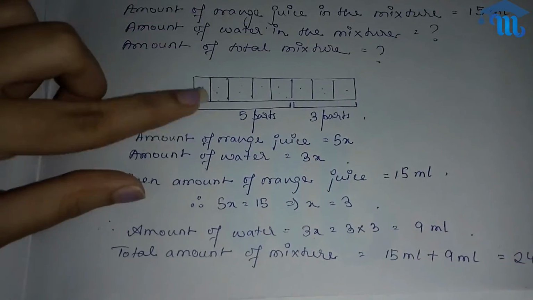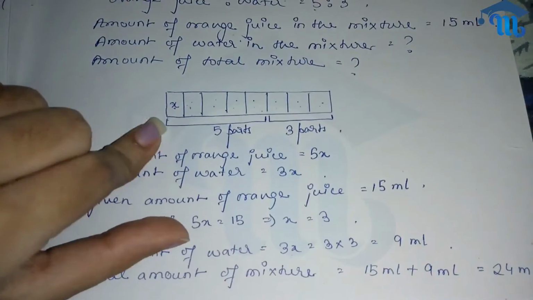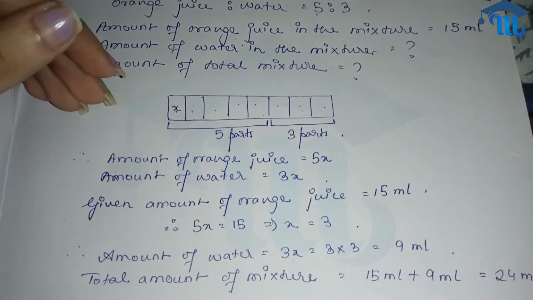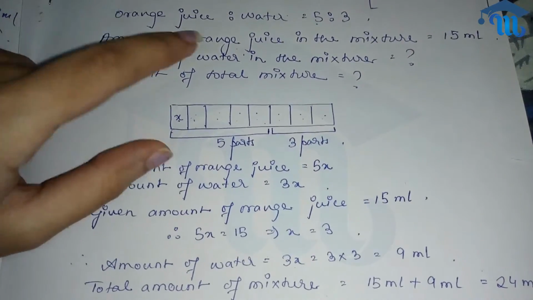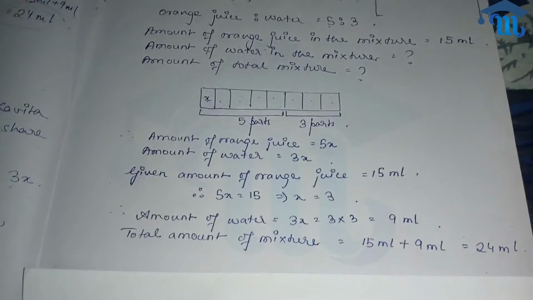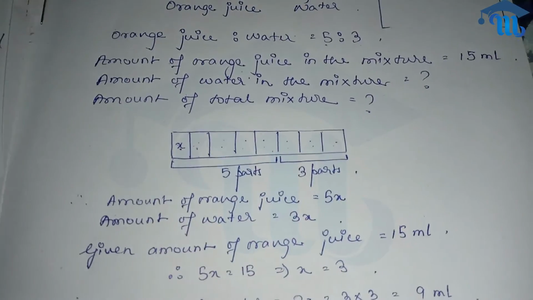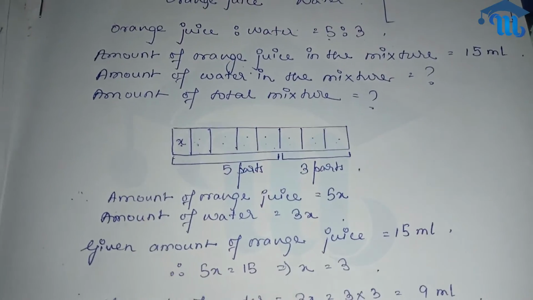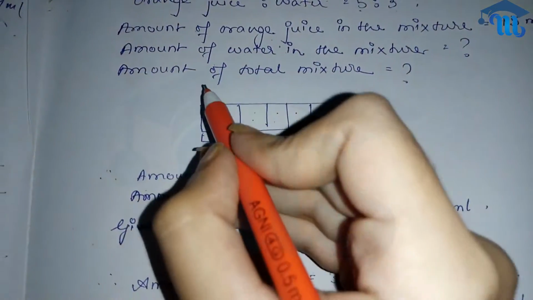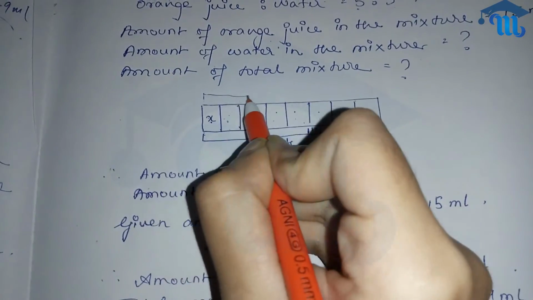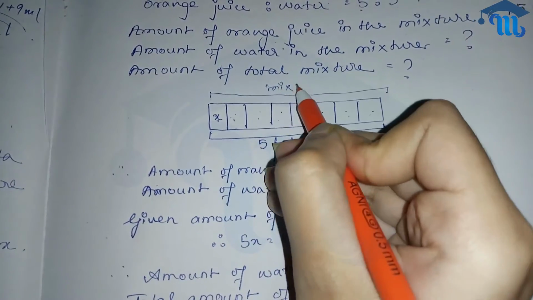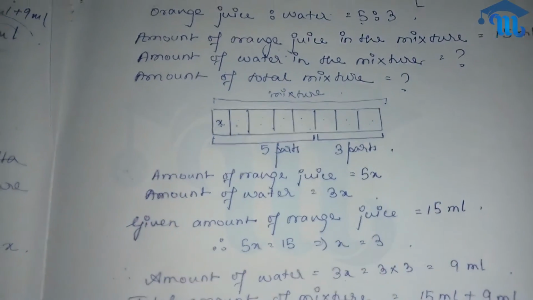First, you can see the diagram here. I'm going to explain it. Once I explain the diagram, it will be clear how you are going to solve it, or what ratio basically is. You are given that the ratio between orange juice and water in this mixture is 5:3. That means, suppose this is the total mixture.